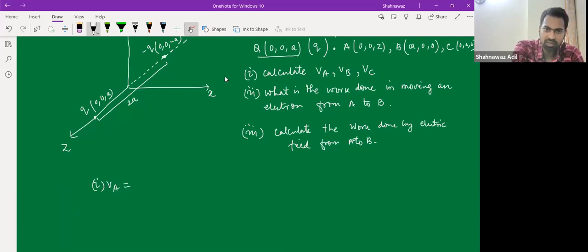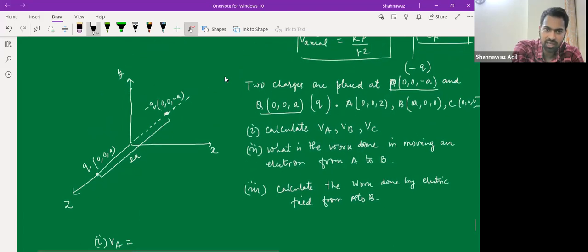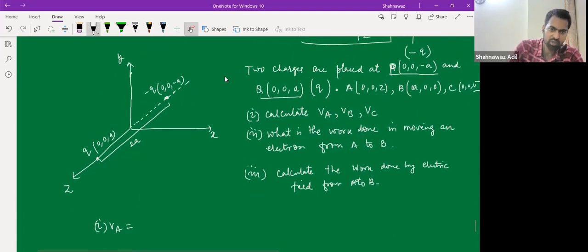Tell me, is A the axial point or the equatorial point?